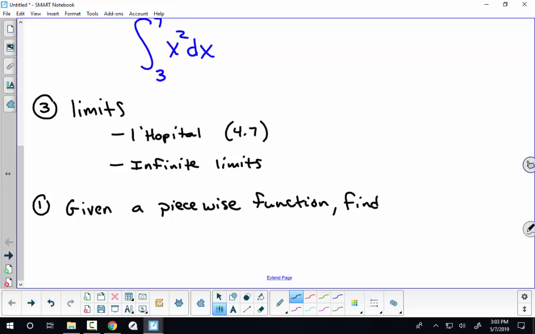Find specified limits. Oops. So we had a similar exam question on exam 1.